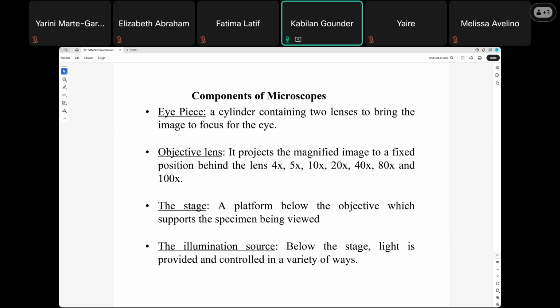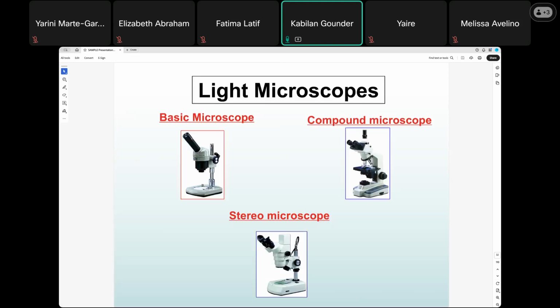So there are two different types of microscope commonly used in the laboratory, that we'll discuss later. Another important component of light microscopy is illumination, that is the light source. Below the stage, light is provided and controlled in different ways. So this is just for information.